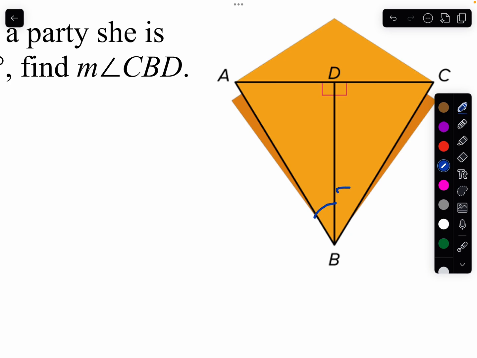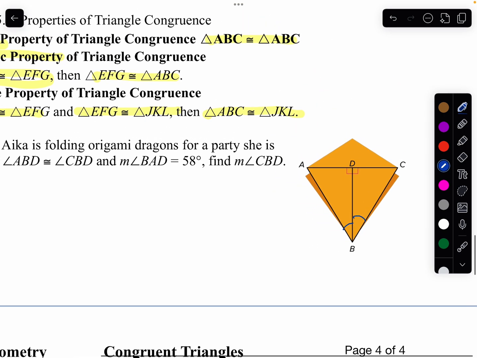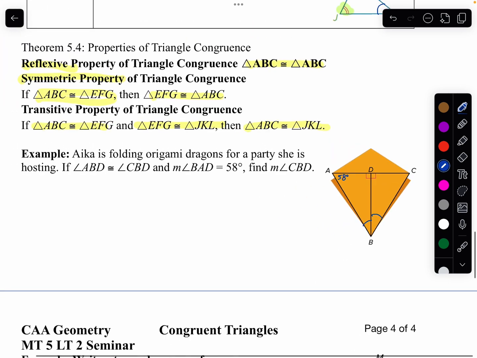So we know these two angles are congruent. We know angle BAD is 58 degrees. We're supposed to find angle CBD.